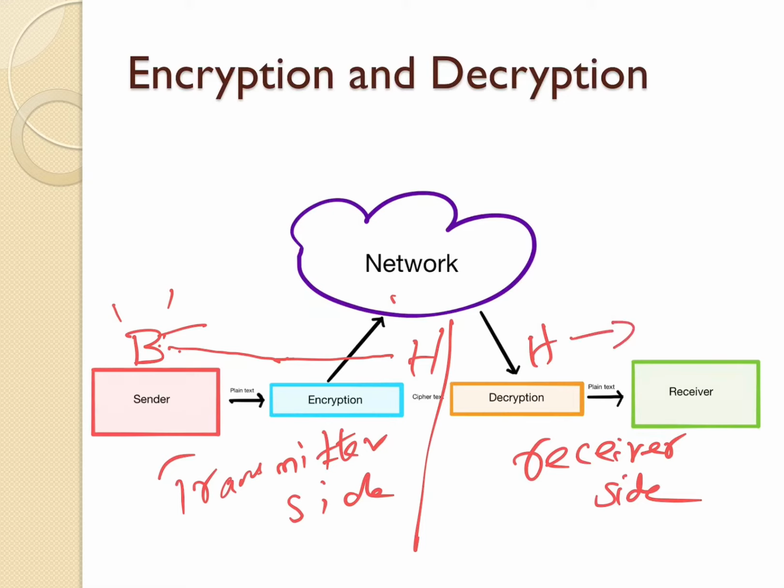So now the H has been converted into plain text, that is B. On the receiver side, it receives the message, that is B. All right, so these are the basic concepts of the encryption and decryption process.